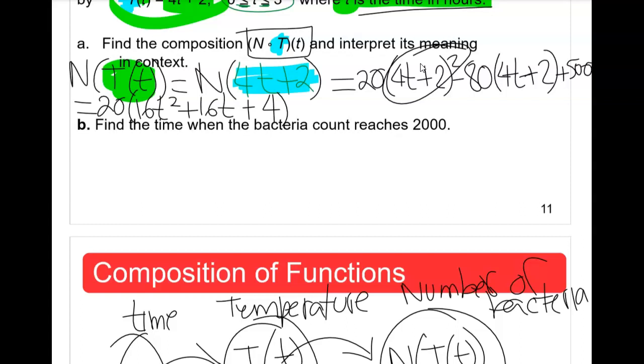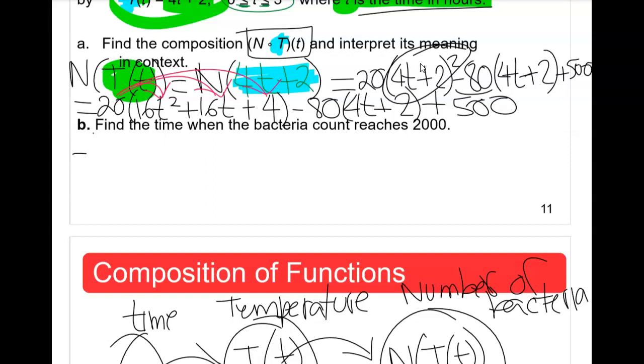Okay, and then we continue with the minus 80 times 4t plus 2, and then the plus 500. And I'm actually going to use the space below before I answer the question. So we're going to distribute the 20 to every single term inside the parentheses.